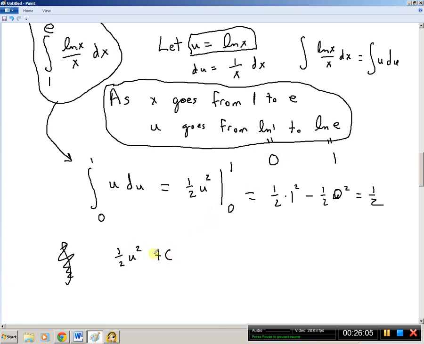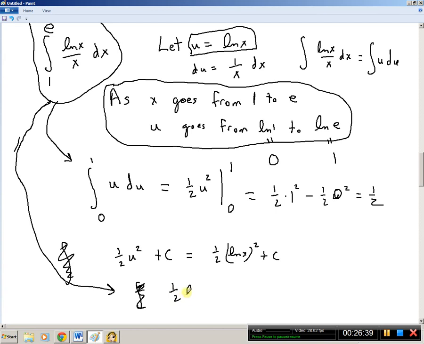But I don't really care about that, because now what I'm going to do is go back to the x universe, 1/2 log of x squared, because that's what u was, plus a constant, and that's going to be my antiderivative, which I then have transported back into the x universe, and now I can take that antiderivative and say this integral, if I don't want to do it by substitution, I can go and write the antiderivative 1/2 log of x squared evaluated between 1 and e.